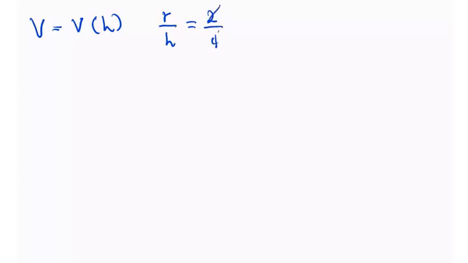So we simplify this, 2 over 4, and we get r over h is equal to 1/2, right? This h that is dividing, we're gonna send it to the other side of the equation to multiply. That way we get r is equal to h over 2.